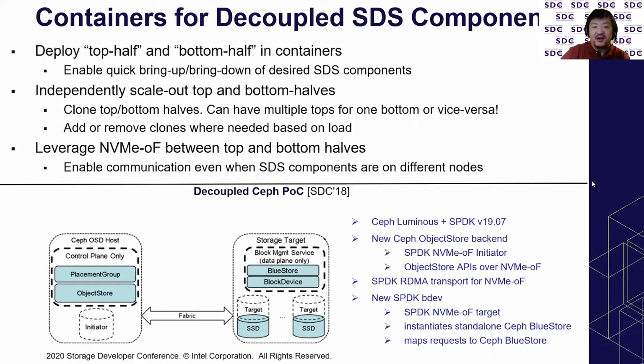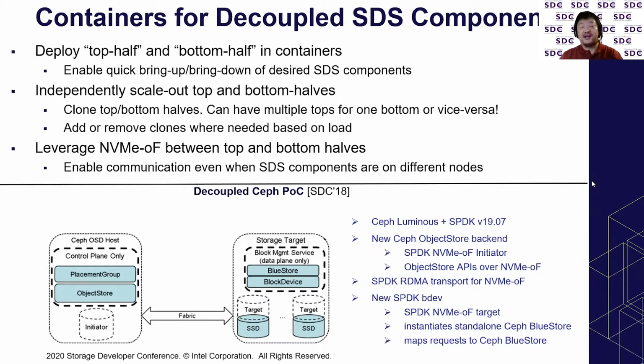The bottom part is a picture that we did for our previous work in SDC18 as well as SDC19. And the left side is particularly an illustration of how we realize this using Ceph as a case study. You can see in the picture with Ceph OSD, the top half's data control plane still maintains the same functionality that it was designed to do.